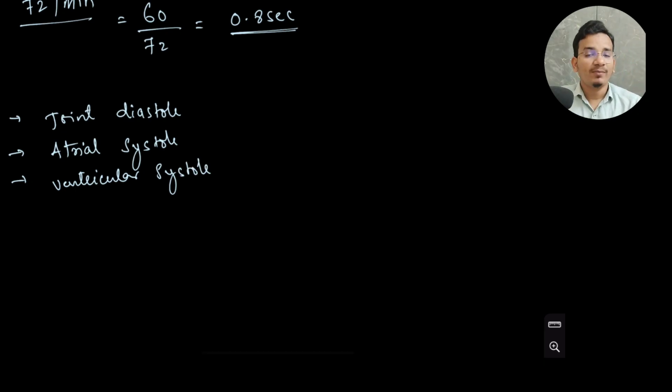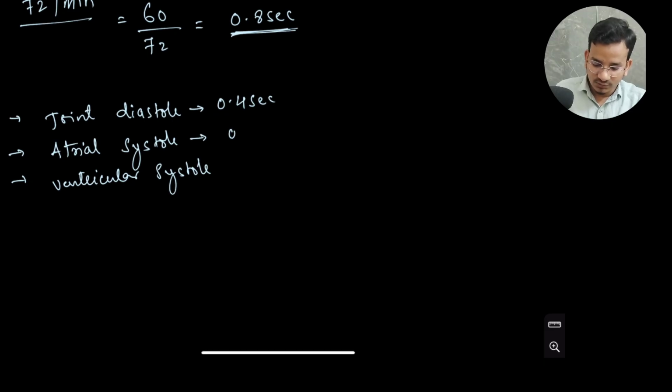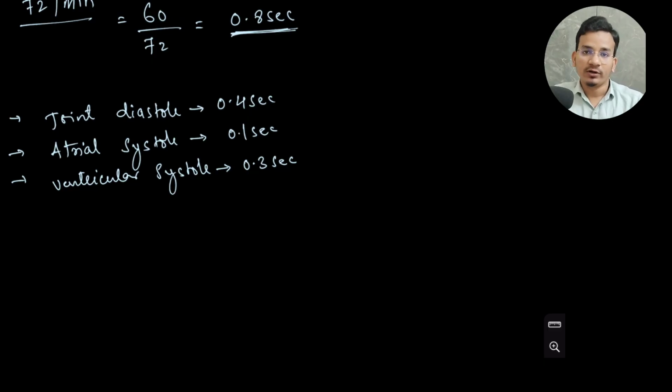You can start from any sequence, but it is easy to understand if we start from the joint diastole. Out of the 0.8 second of the complete cardiac cycle, joint diastole takes about 0.4 second, atrial systole 0.1 second, and ventricular systole 0.3 second. These events take this much time in the whole cardiac cycle.